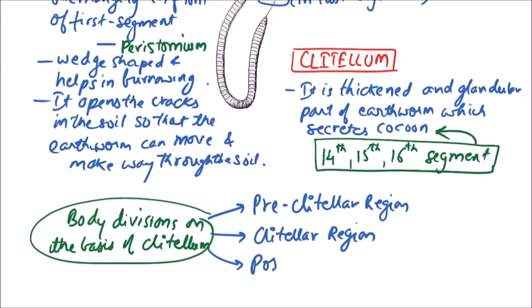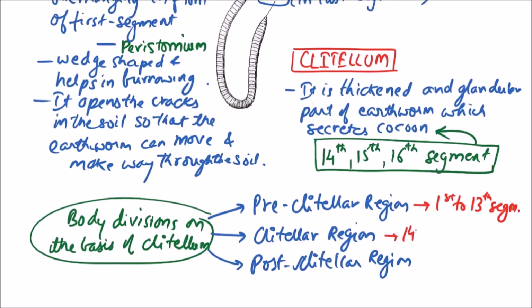And third one is postclitellar region. The preclitellar region constitutes first to 13th segment.